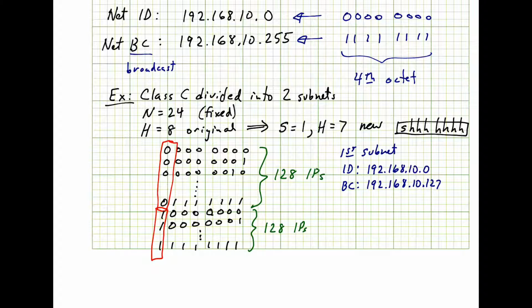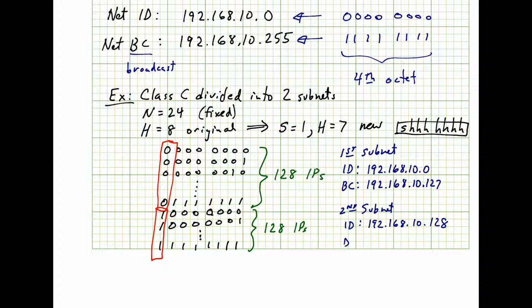Okay? In our second subnet, we're going to have an ID of 192.168.10.128, the next one up. And that's right here, the second subnet, so we get the 1 in the S bit, and we start with all zeros, and all zeros in the H bits give us the subnet ID.